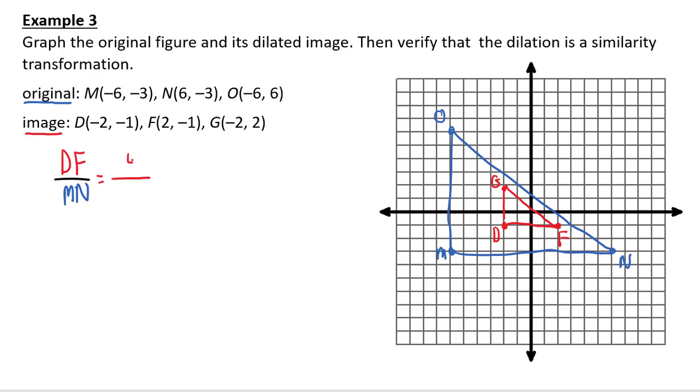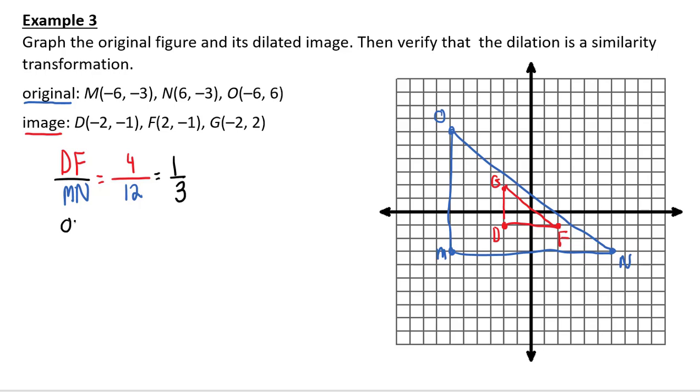DF, as I just said, was 4 units. MN is 6 and 6, so that is going to be 12 units. So that reduces to 1/3. We know it's a reduction because my original, which is in blue, is larger than the image. So that's being reduced by a factor of 1/3, making it smaller.